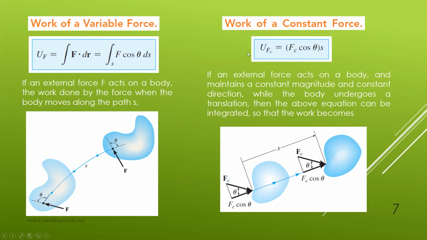Work of a constant force. If an external force acts on a body and maintains a constant magnitude and constant direction while the body undergoes a translation, then the above equation can be integrated so that the work becomes like this. This is the equation.